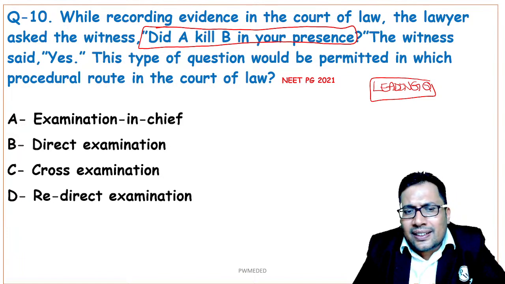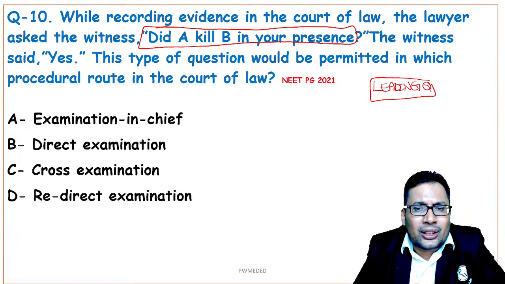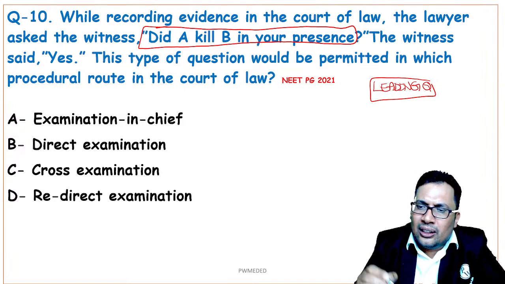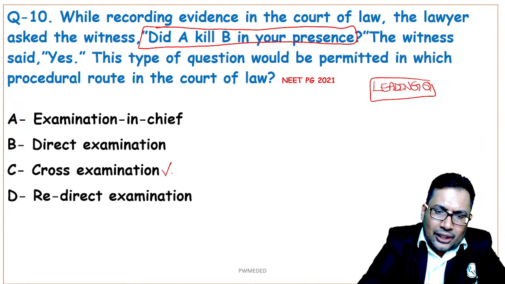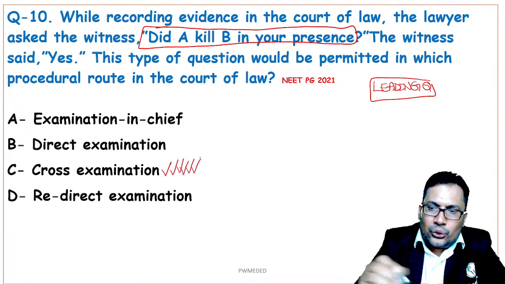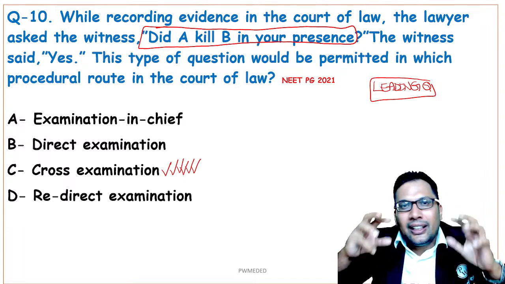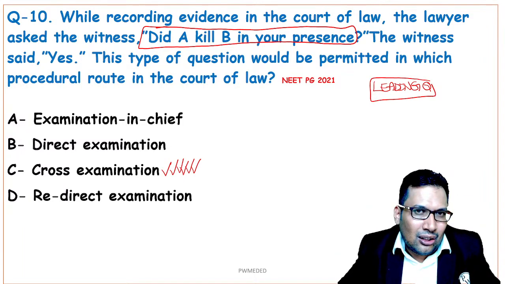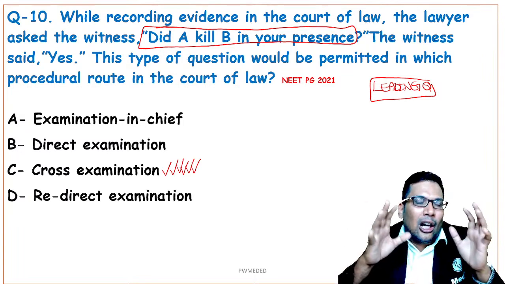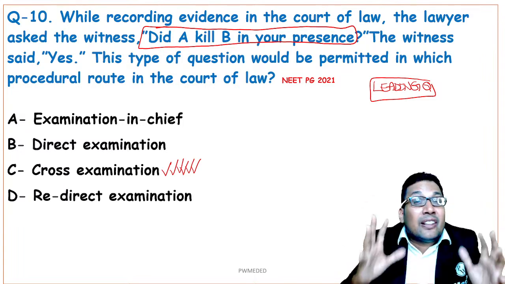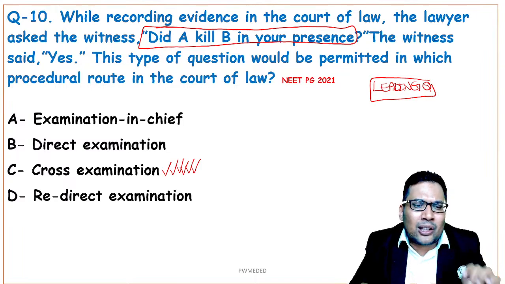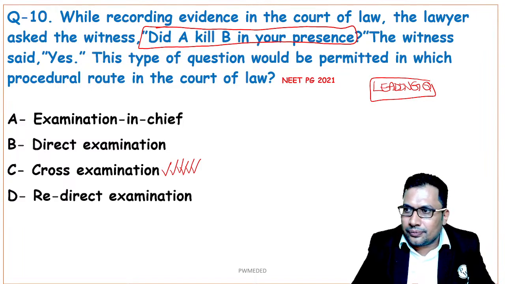The witness said yes. This type of question would be permitted in which procedural route in the court of law? Your answer should be cross-examination. Leading questions are permitted in cross-examination, by the opposite lawyer or the defense lawyer. So C is the correct answer.